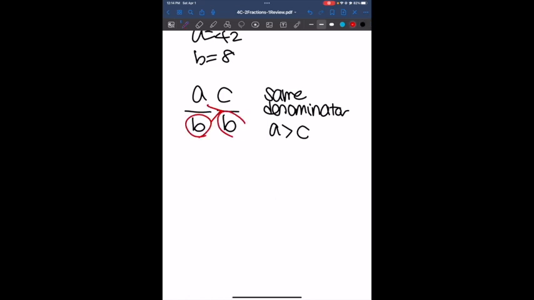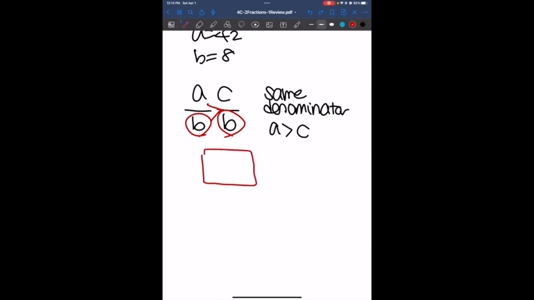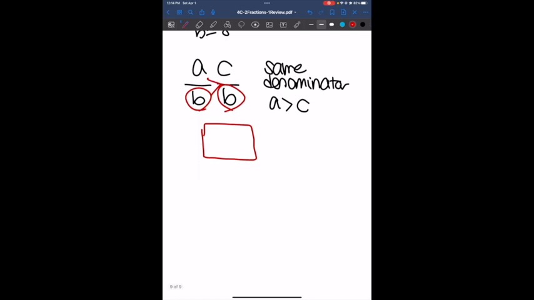So when the denominator is the same, the fraction with the larger numerator, so the larger top number, is going to be larger. And that is because we're dividing a larger amount by the same amount. So for example, since the numerator is the number that's being divided, let's say we have 20 candies and 10 candies.